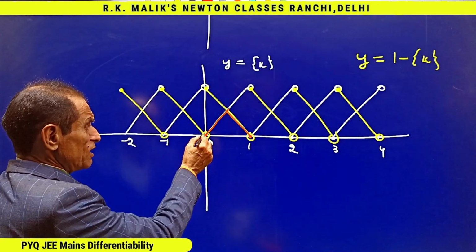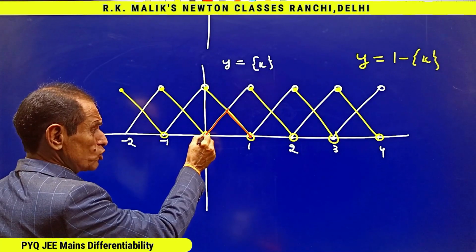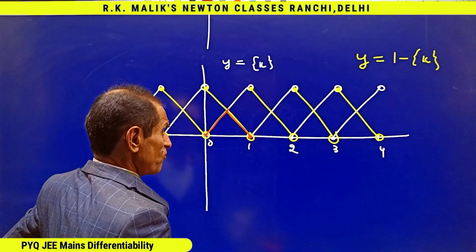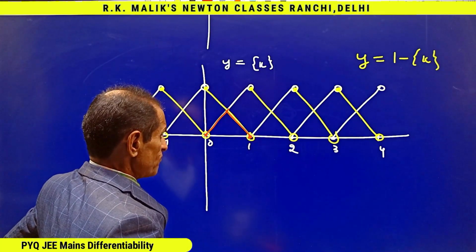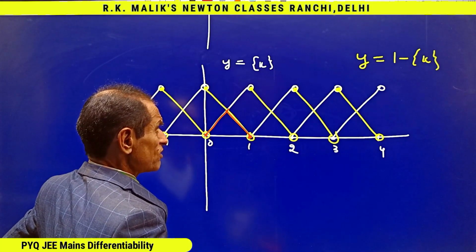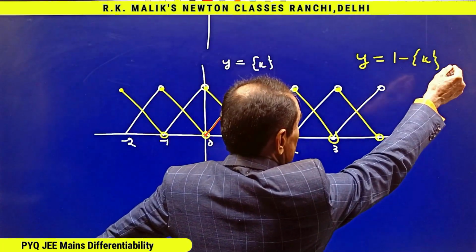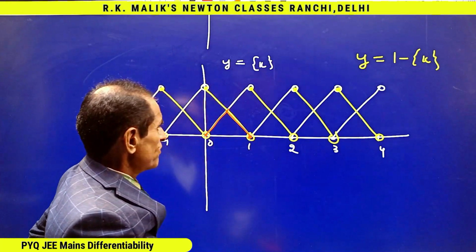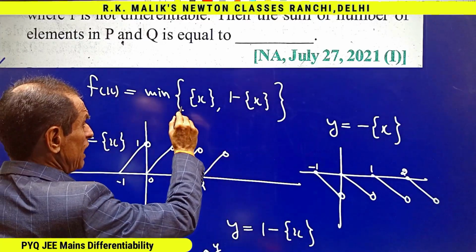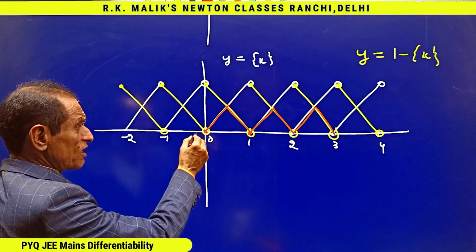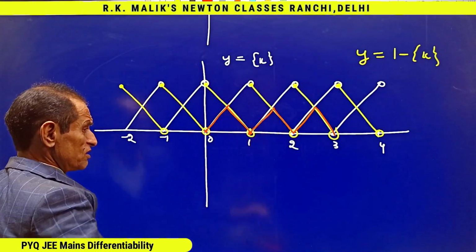Note that the starting point at x equal to 0 will be this, and the ending point will be this at 1, because at 1 this is giving the answer 0 and this is giving the answer 1. As always, I have to take the minimum of these two. Hence, the graph will be this.